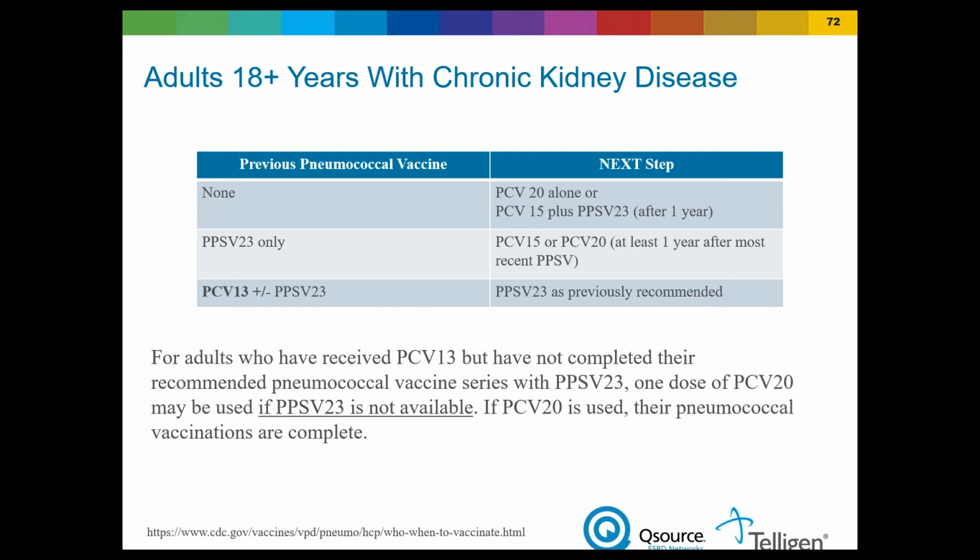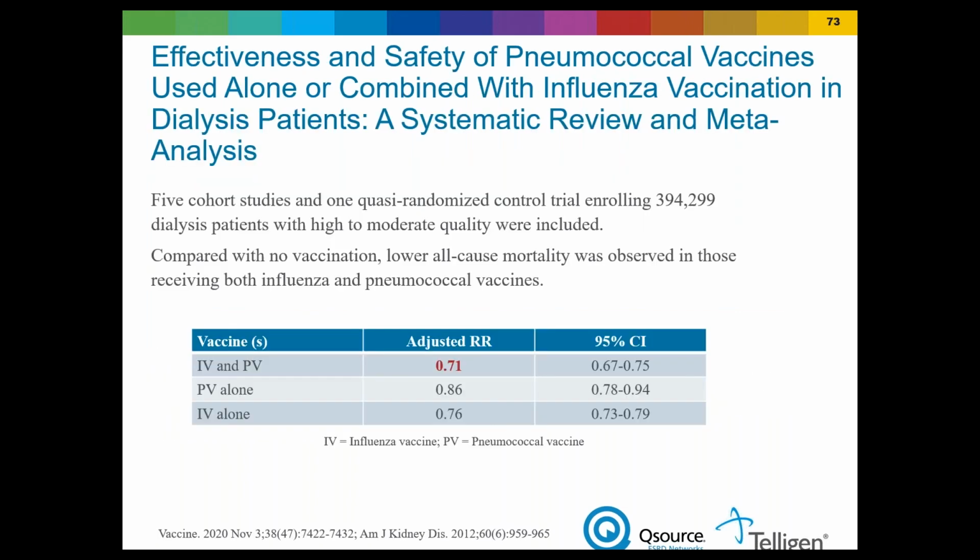For those who have previously received the polysaccharide vaccine, then administer PCV15 or PCV20 1 year after the most recent PPSV vaccine. And then lastly, for those who have received either PCV13 or PPSV23, then continue the PPSV23 as previously recommended.